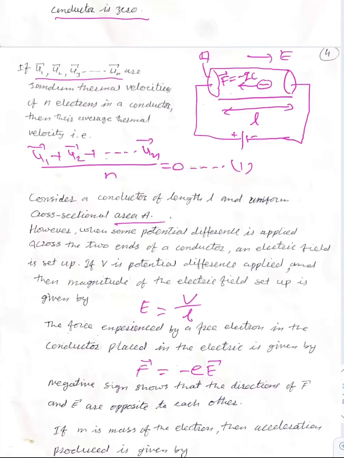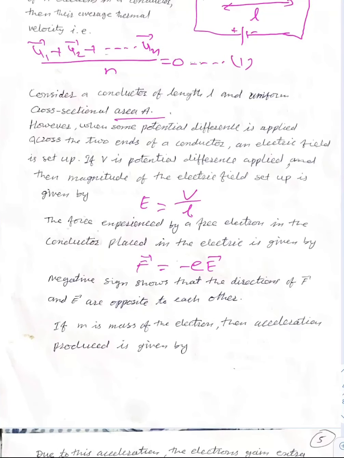The force is F = -QE. The negative sign shows that the directions of F and E are opposite to each other, as shown in the diagram. If m is the mass of the electron, then the acceleration produced is given by a = -eE/m. It is equation second.